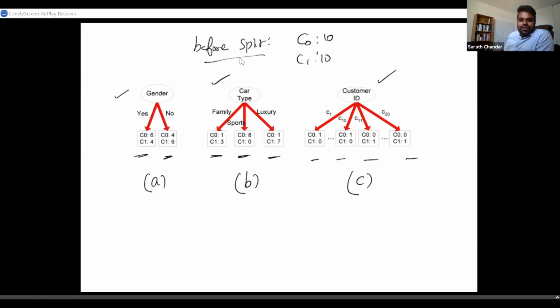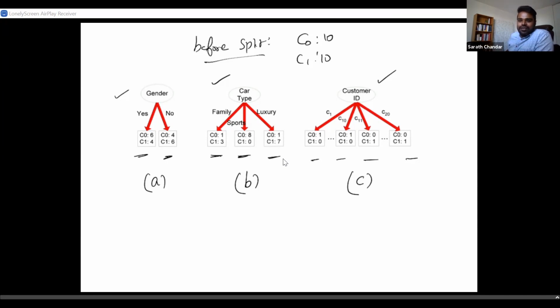Can someone who clicked yes for customer ID raise your hand? Or maybe you could also post in the chat. I would like to know the reason why customer ID is a good test condition. Any answers? Definitely 10% of you.